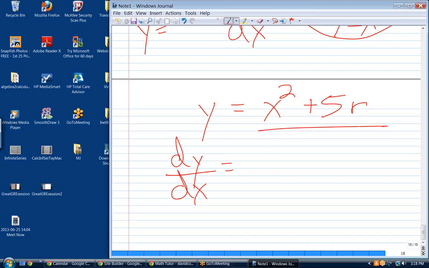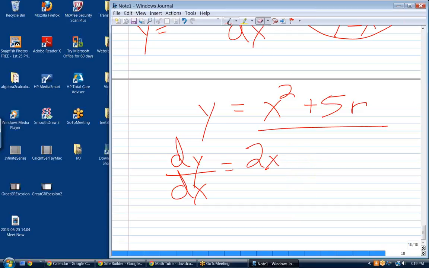So now we need to implicitly differentiate the right side of this equation. All right, so you end up with, so I can explicitly differentiate x. Well, I can do that, and then if I want, I could even follow it with a dx over dx. But that's always 1, so I don't need to write it.